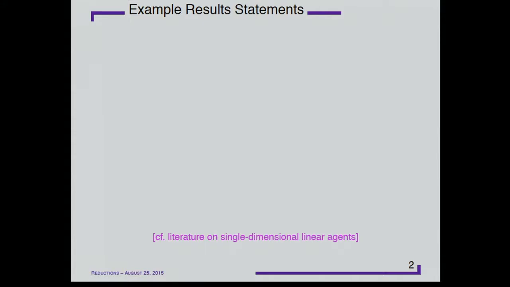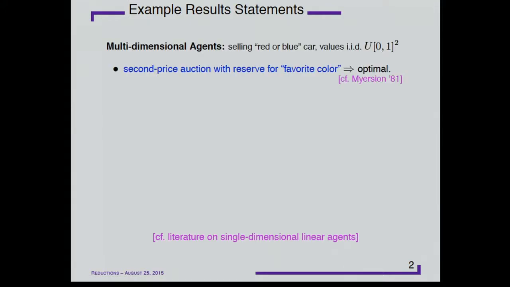In order to understand these more complex mechanisms, I'm going to try to understand them in the same terms as we understood the single-dimensional linear agent case, which is fairly easy to understand. I'm going to be drawing those connections throughout the presentations. So I want you to compare these results to similar results you know from the single-dimensional theory.